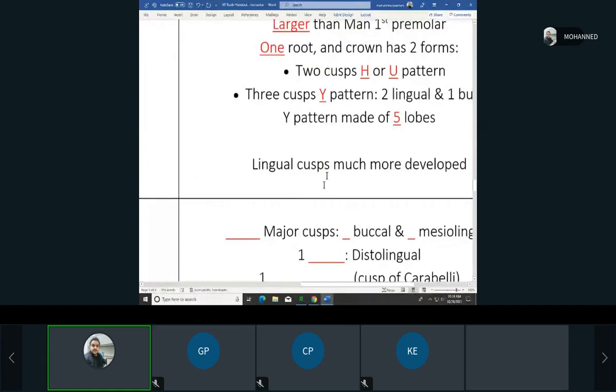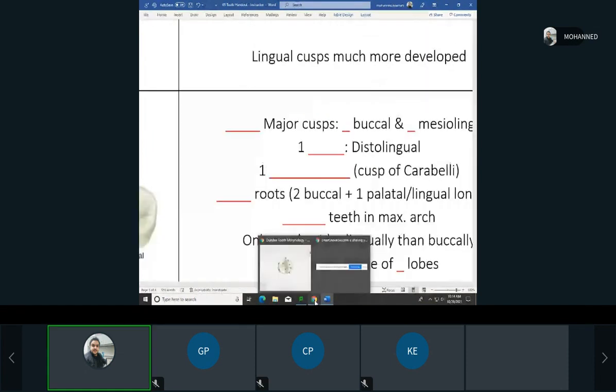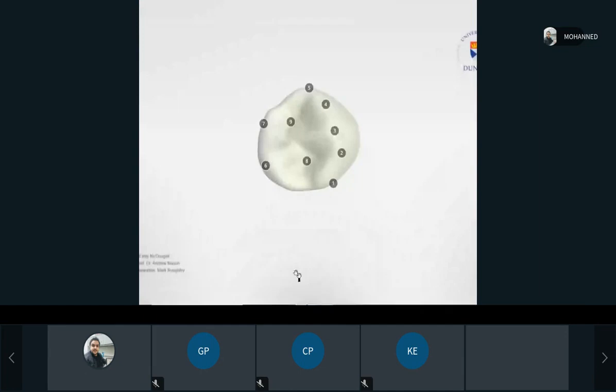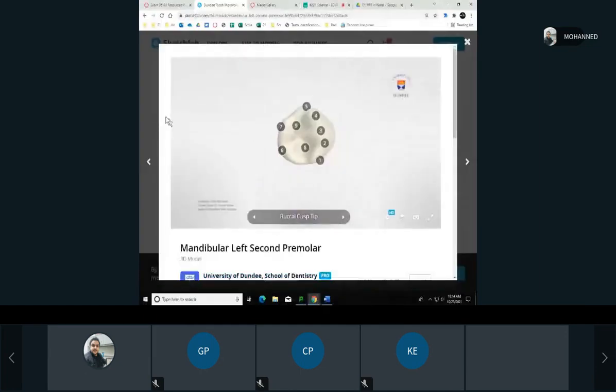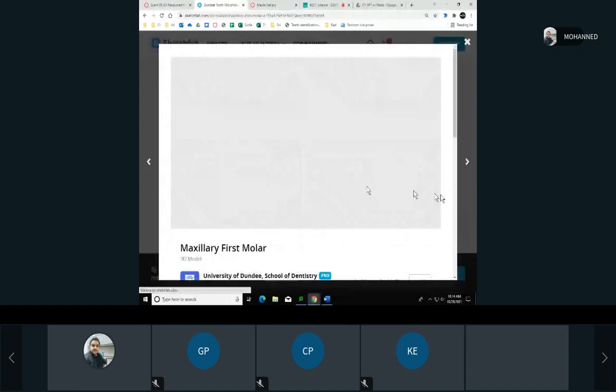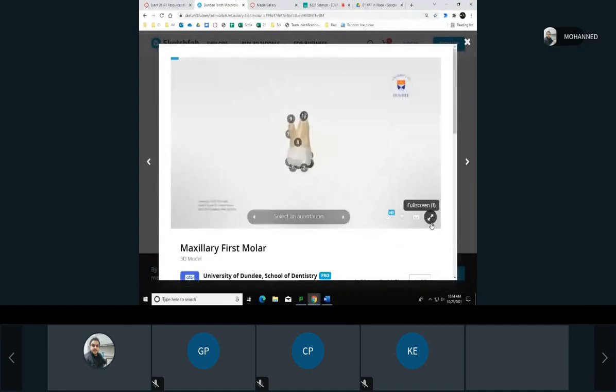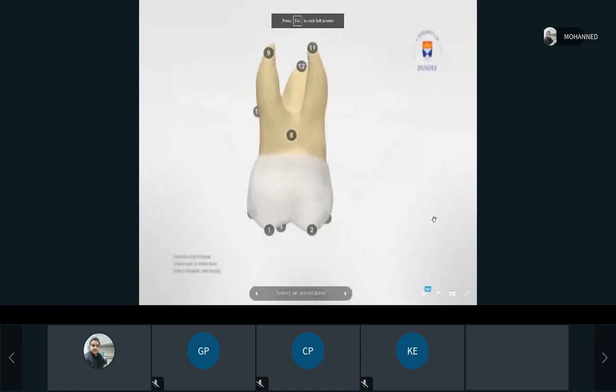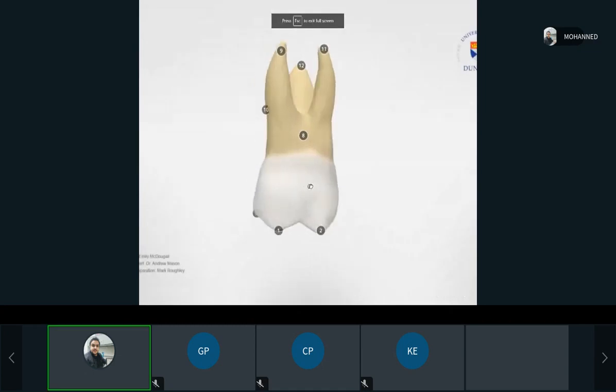Okay, let's take a look at the maxillary first molar. So, first things first.